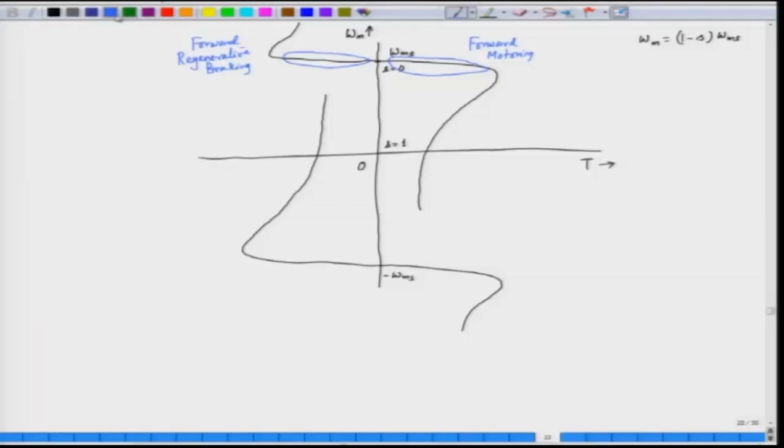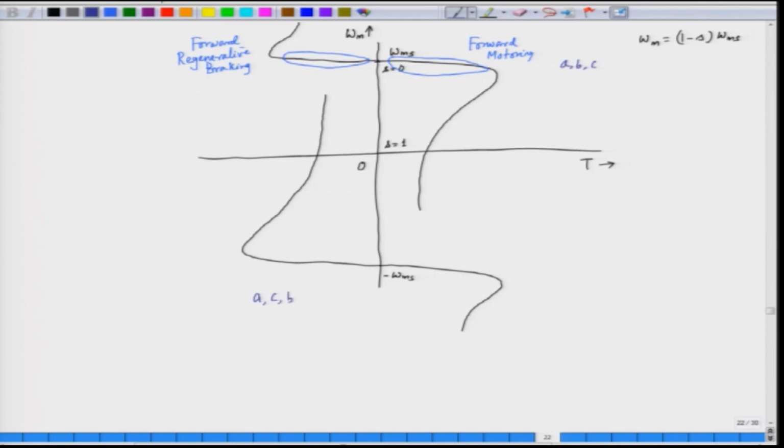Now, if we change the phase sequence of the motor, suppose the phase sequence in this case is ABC. Now, if we make the phase sequence ACB, we change the direction of the rotating field.